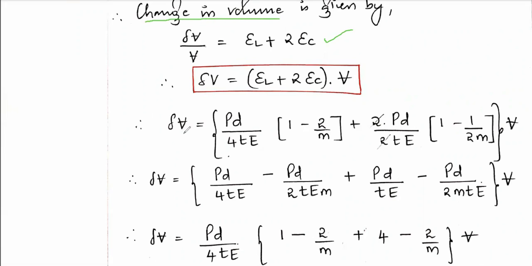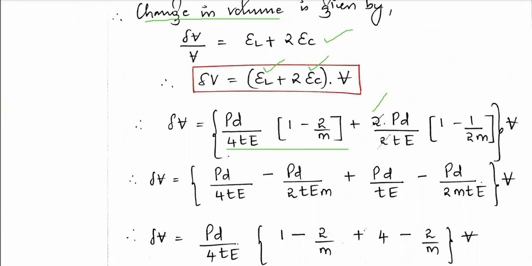Now therefore change in volume is equal to this value: epsilon L is given by this term Pd divided by 4Te into (1 minus 2 by m). This I already derived. Next I am having epsilon C, and 2 I have kept as it is.